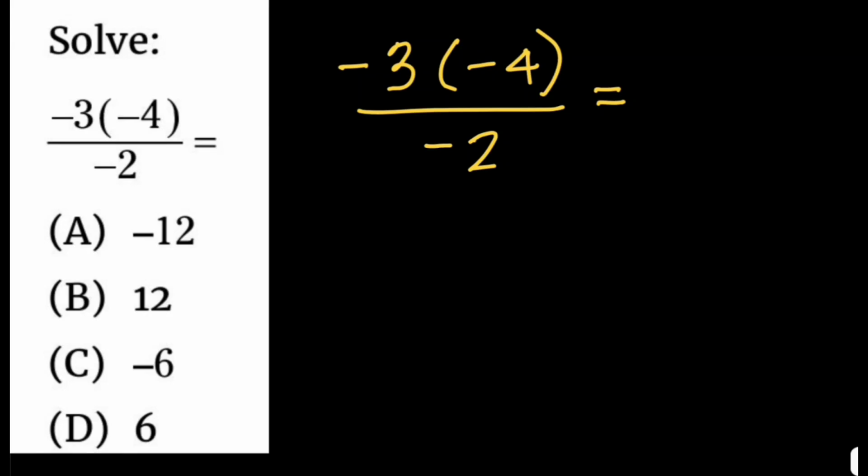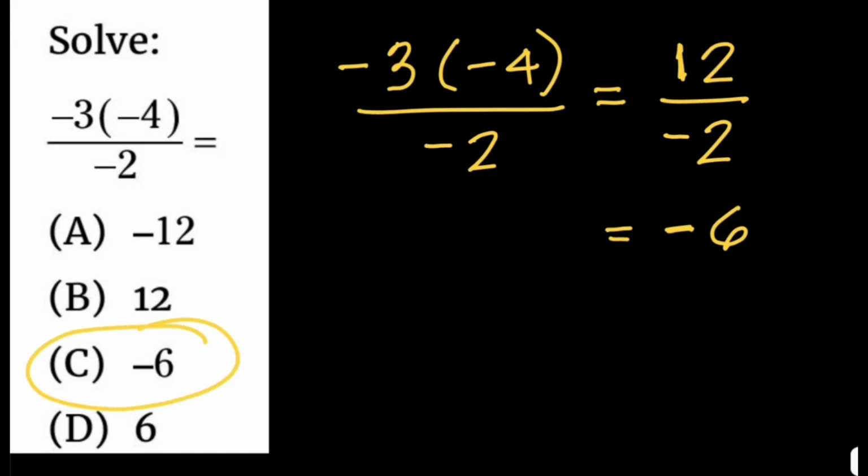So we multiply -3 and -4 first, and that is equal to +12. Then divide by -2. Positive divided by negative is negative, and 12 divided by 2 is 6. So this is just equal to -6. Therefore, the answer here is letter C.